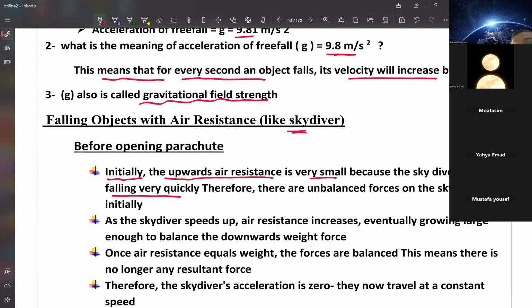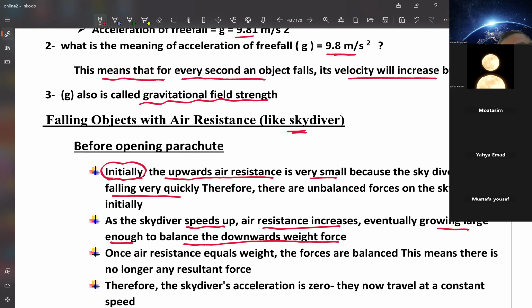Initially, it will be weight downward. So initially, the only force exerted on the skydiver is weight, and acceleration equals g. As the skydiver speeds up or accelerates, air resistance increases, eventually growing large enough to balance the downward weight, which is the force of weight.